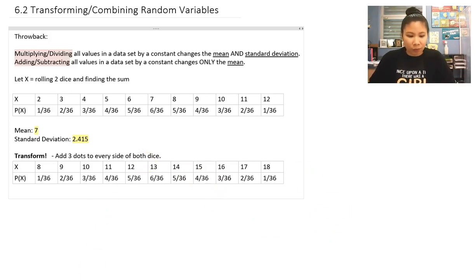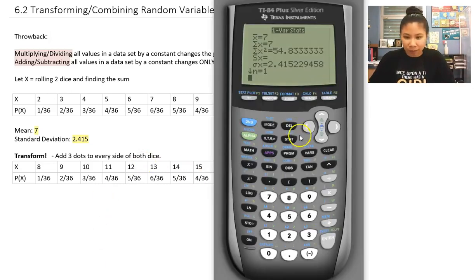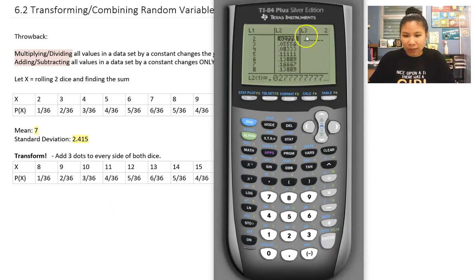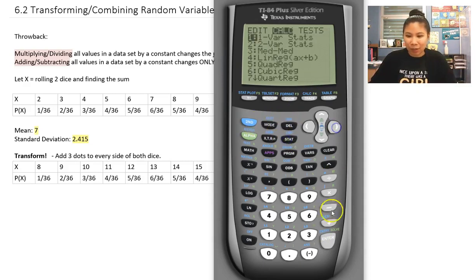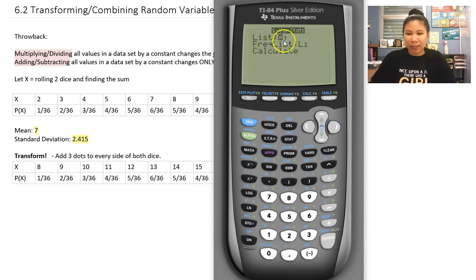Okay, so on my calculator then, I'm going to be lazy, and instead of retyping everything into L1, I'm just going to go into L3, and I know I'm taking all of my numbers from L1 and adding 6 to it. So I'm just going to set my own formula, L1 plus 6, and have my calculator add everything for me. Now it starts at 8, goes all the way to 18. So now when I calculate my mean and my standard deviation, I'm going to use StatCalc 1, one variable stats.